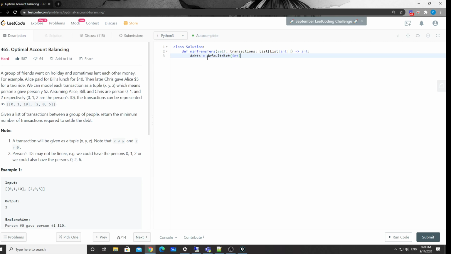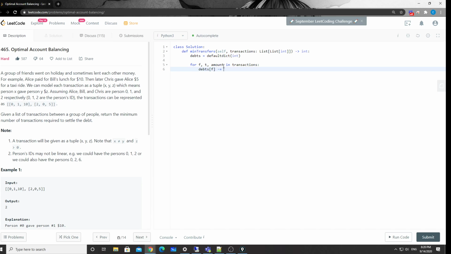So the way we are doing the debts here is pretty straightforward. We have a from and a to, and then the amount, from in the transactions. For the debts, you can do either plus or minus, positive or negative is fine.